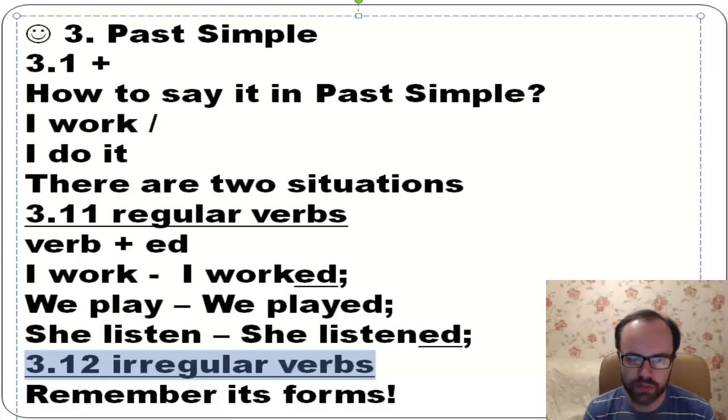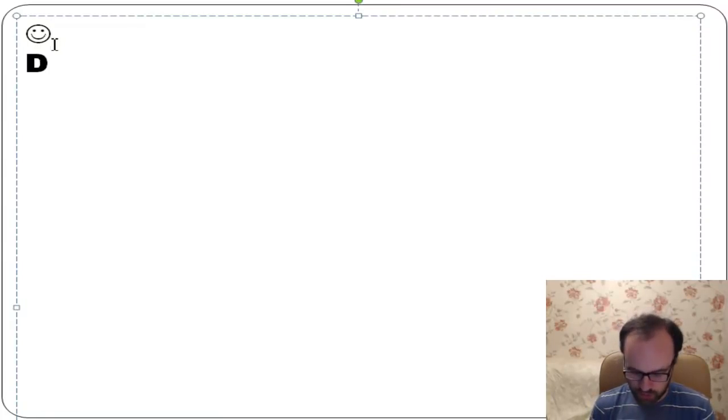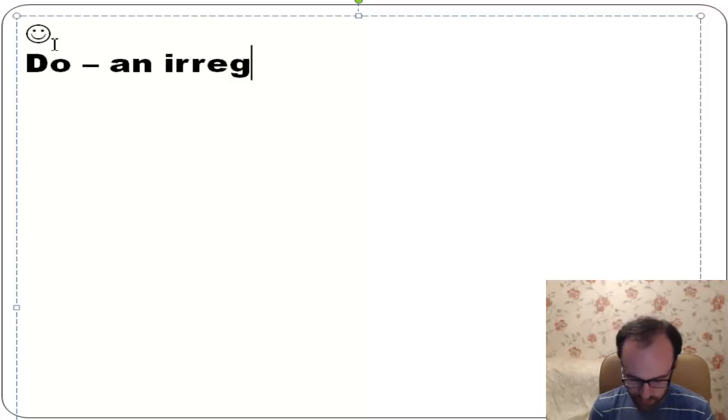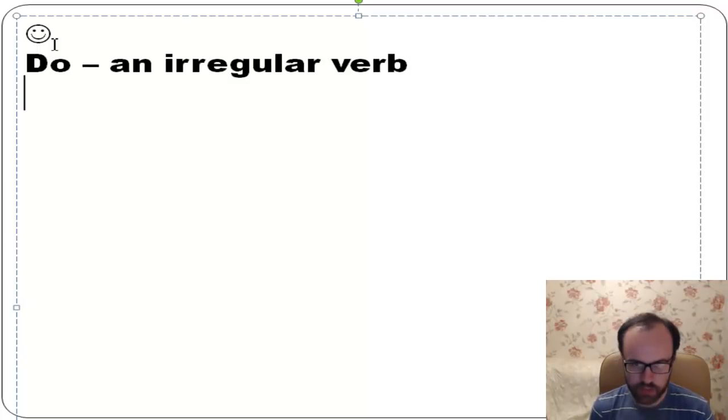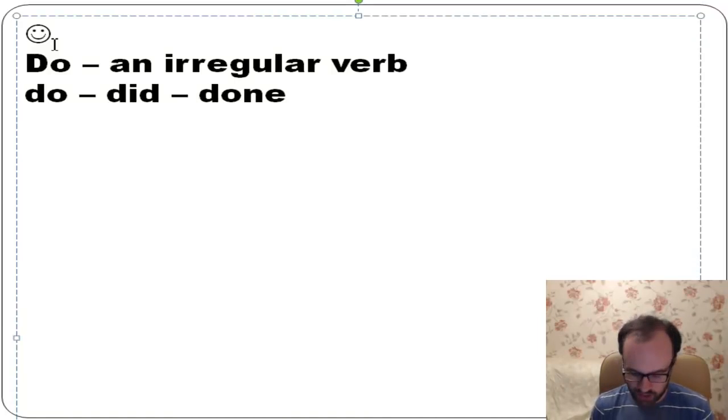Do is an irregular verb. And you know, do, did, done. So we call it do infinitive.